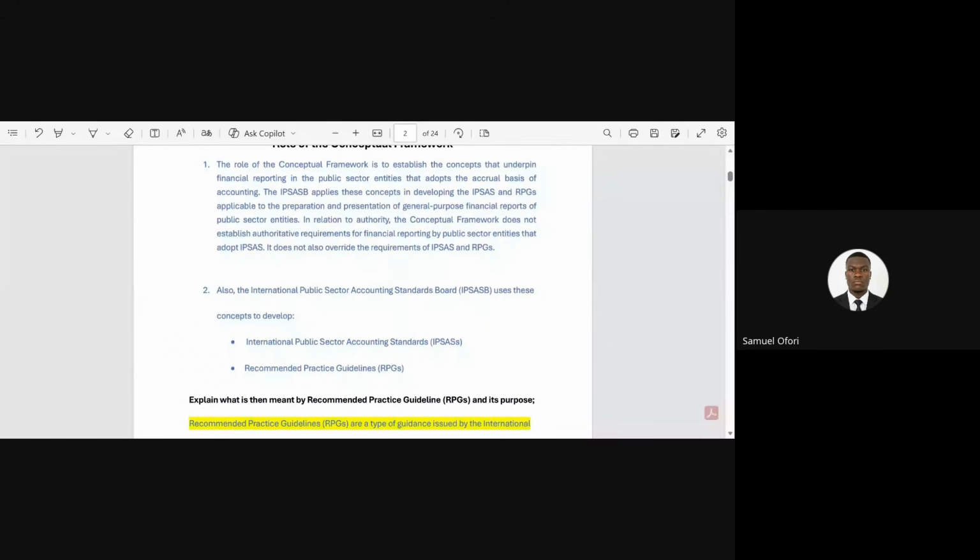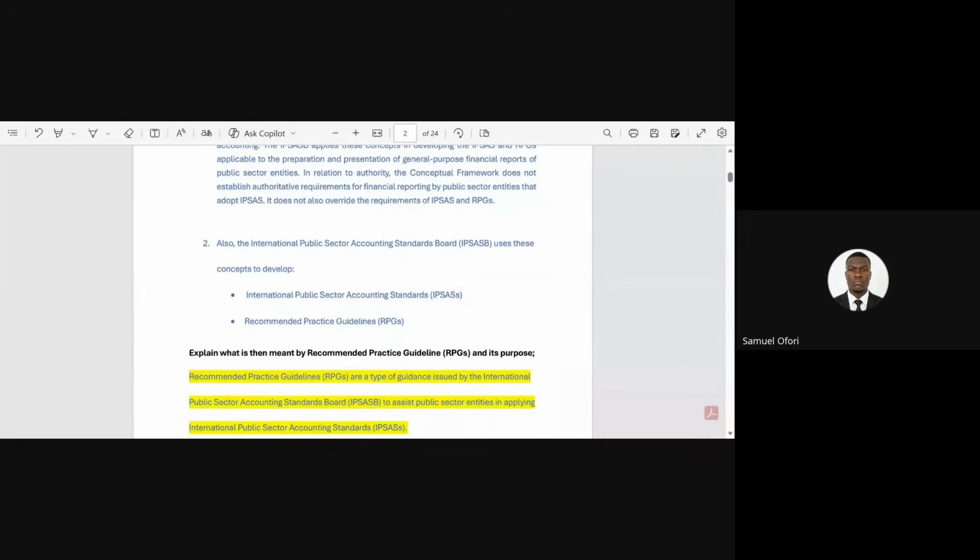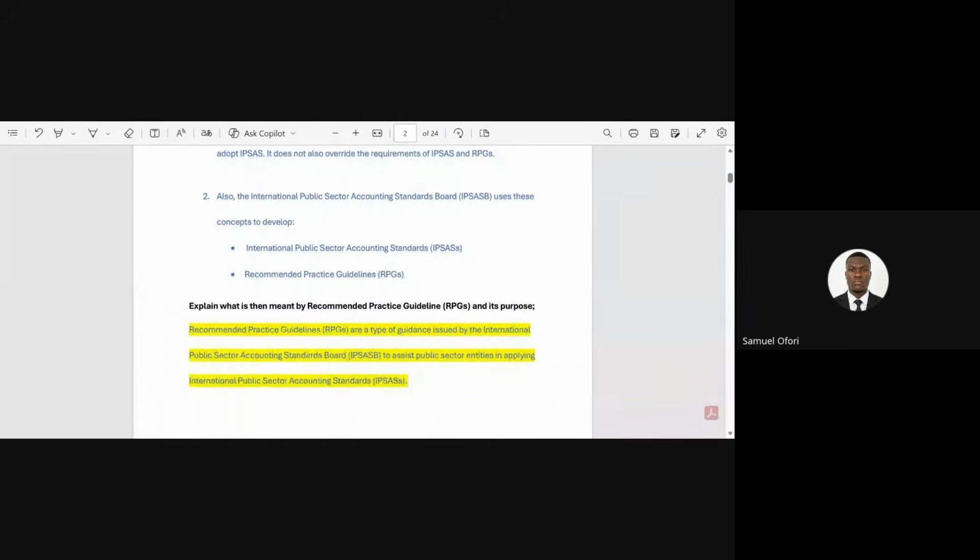So we are going to look at the recommended practice guidelines. They are also issued by the International Public Sector Accounting Standards Board to assist public sector entities in applying the international public sector accounting standards. So the recommended practice guide is guidance issued by the IPSAS Board to assist public sector entities in applying the IPSAS.